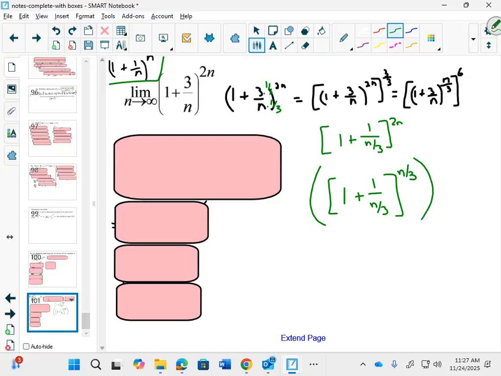If I wanted it to be a 2n, there would need to be a 2/3. No, sorry, not a 2/3. If I wanted this to be a 2n, I'd have to have a 6 out there, because 6 times n over 3 would be 2n. And so now this and this are identical, and I like it better when it matches up.